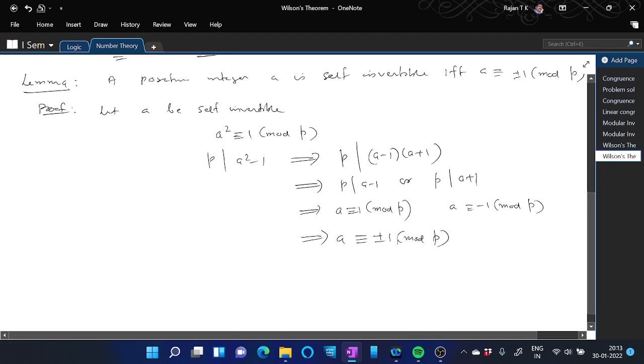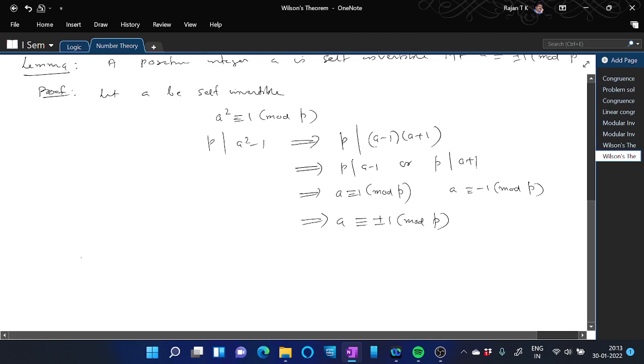To prove the converse is also true, let a be congruent to plus 1 mod p or a congruent to minus 1 mod p. In any of these cases, we have to show a is self-invertible.